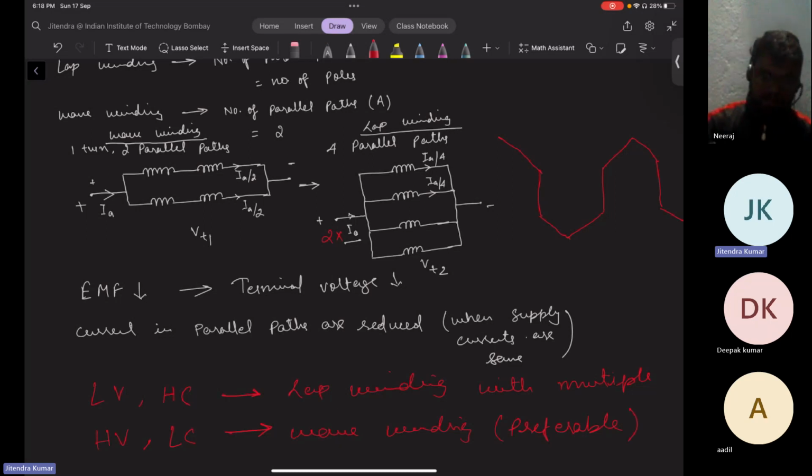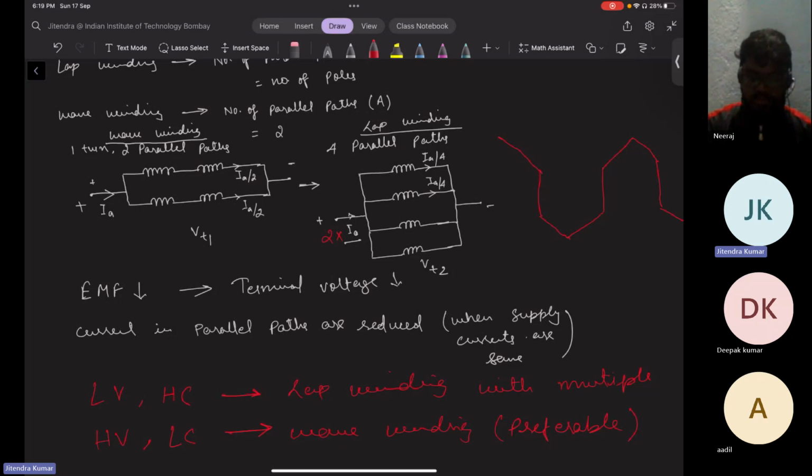Okay, so we have concluded it very conveniently, but there is again a catch here. What is the catch? If it is so convenient, why don't we increase to a very high number of parallel paths, such that your voltage will be reduced to a very nominal level, and you would be able to generate the same power?